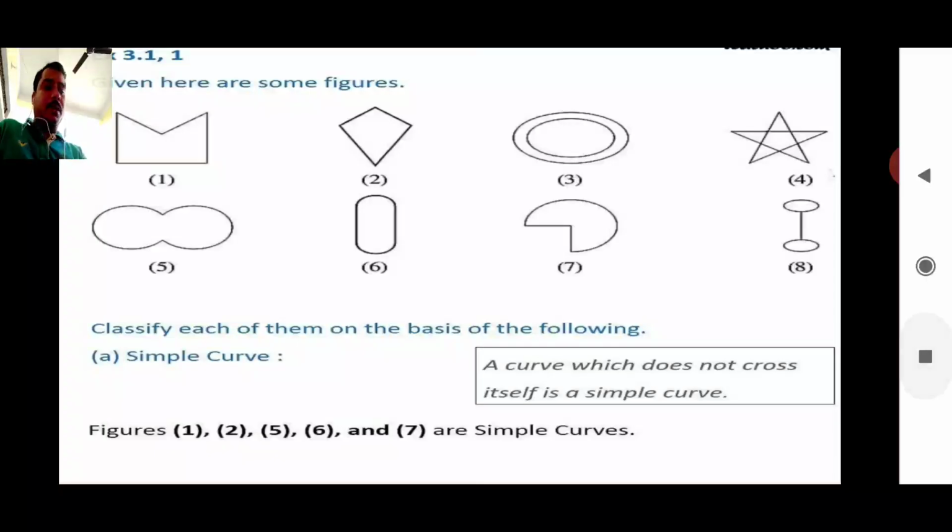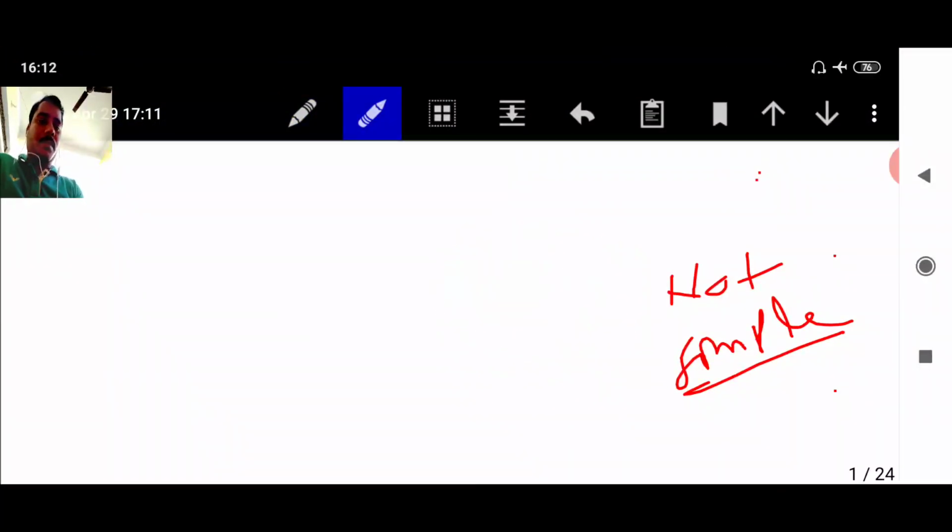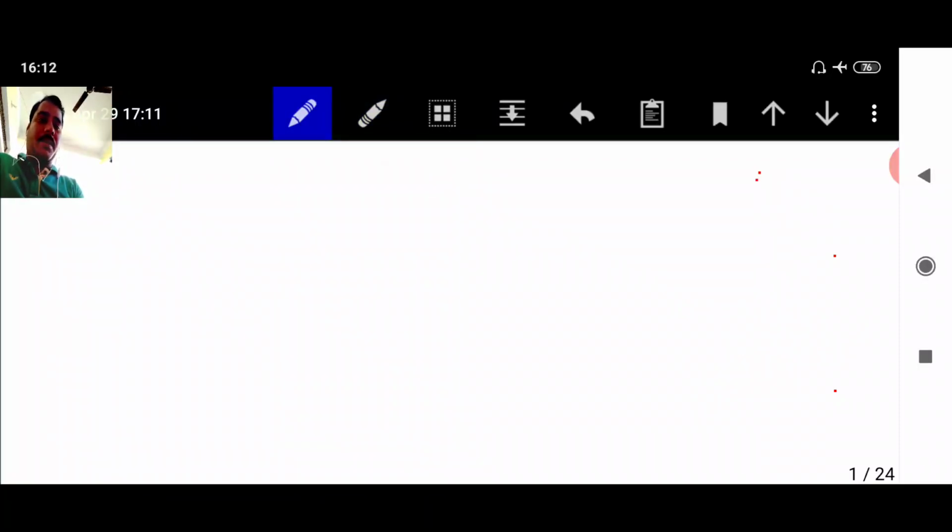What about the 8th figure? Here in the 8th figure, it joins this. When we draw, then we retrace this point and this point.